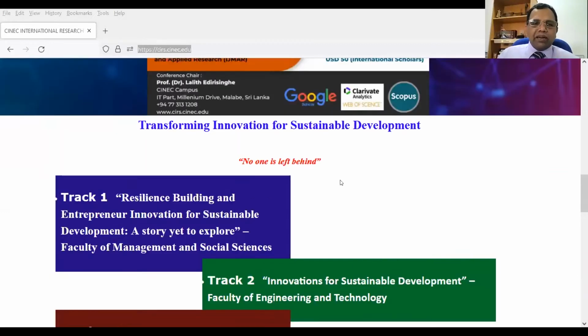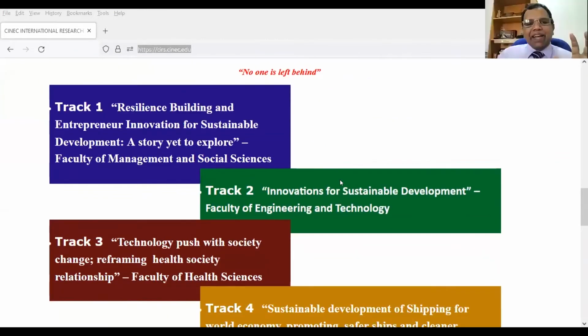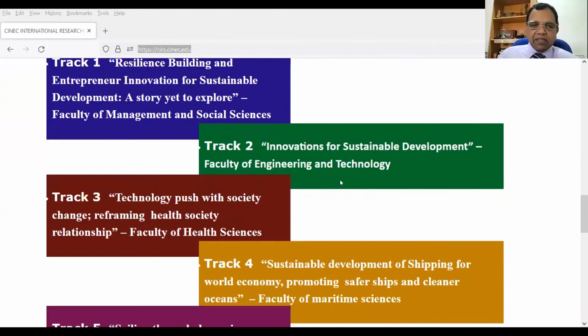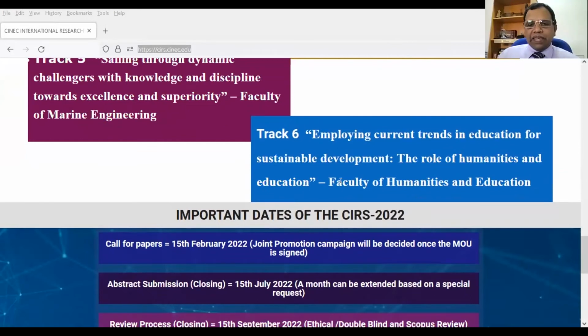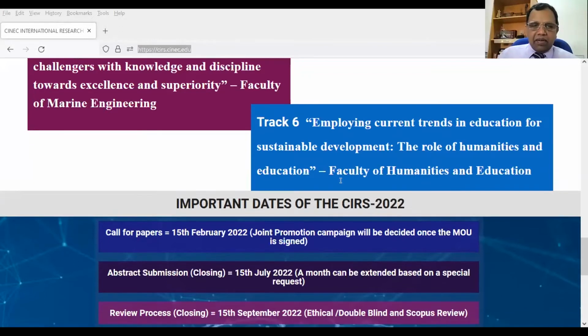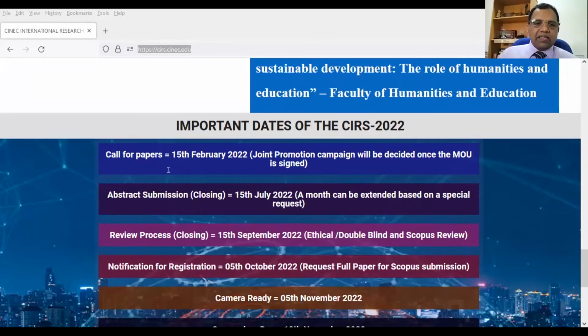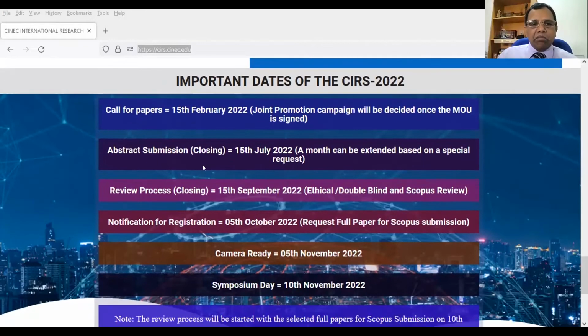So you have to select a topic which comes under transforming innovation for sustainable development. Under that you have tracks like this, and your respective deans or HODs will discuss these tracks shortly. We have called for papers since last month, and your abstract submission closes on the 15th July.